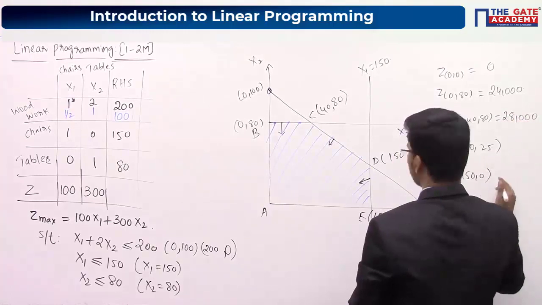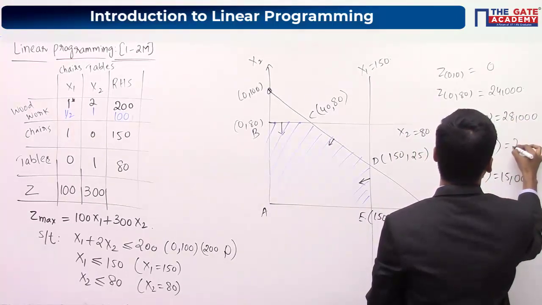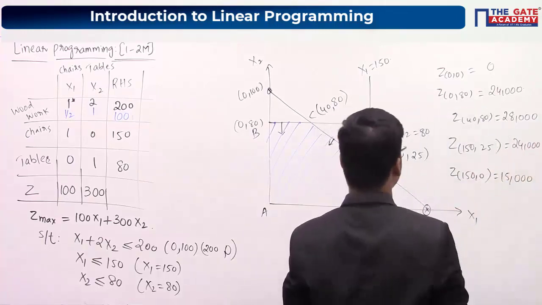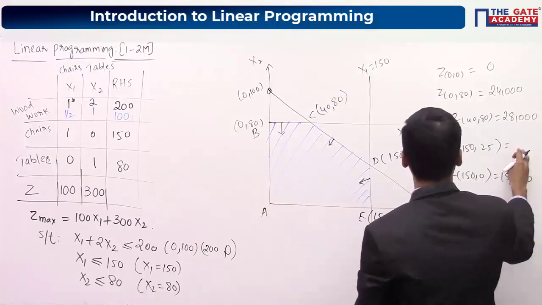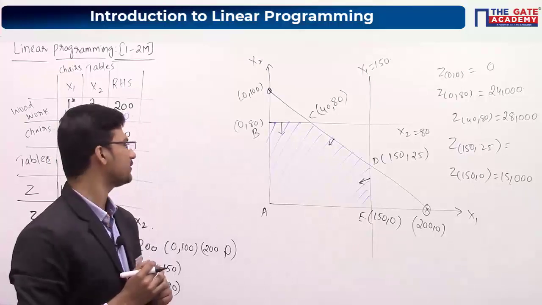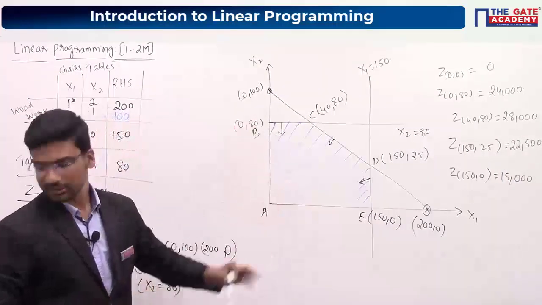At 150, 0 it will be 15,000, and I think this will be 24,000 again. What about this value? 22,000 I guess. So what is the value at 150, 25? 22,500 I guess. So please check whether these values are correct or not.